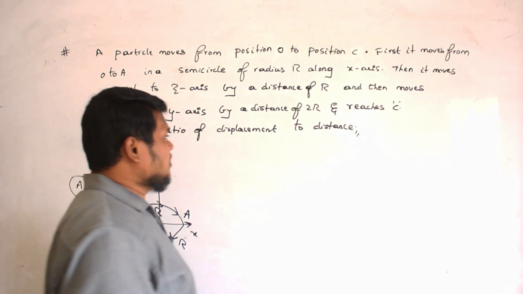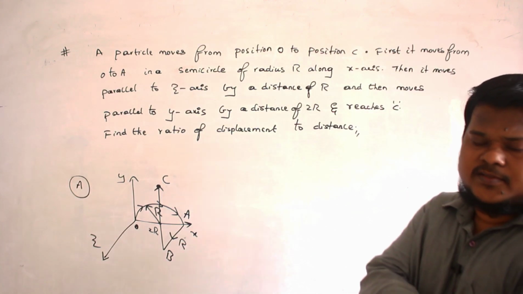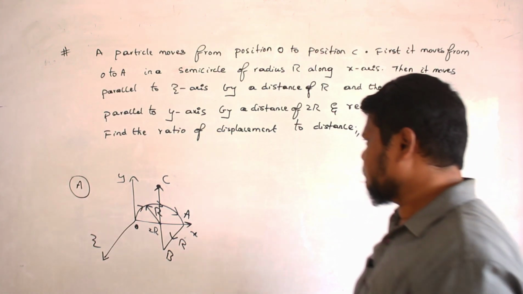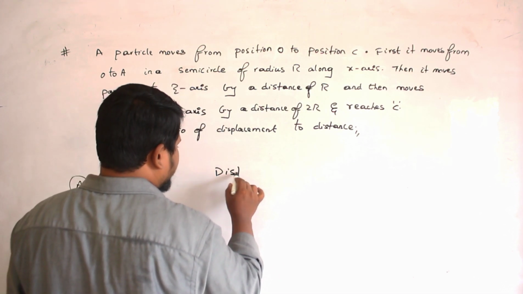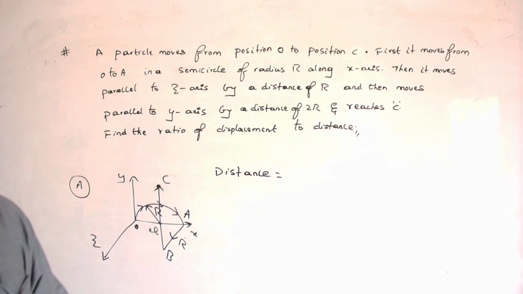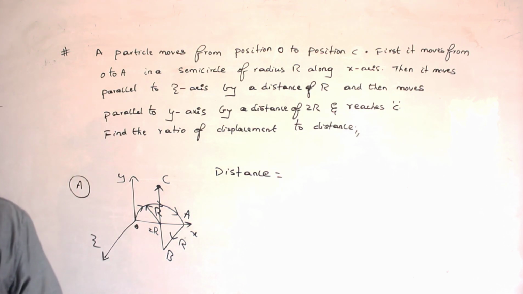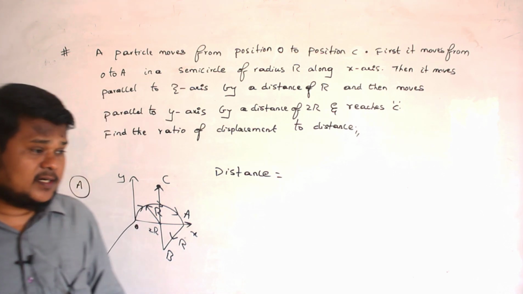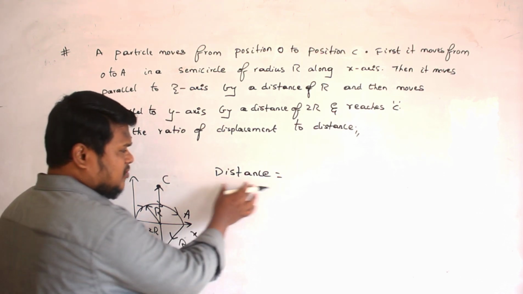Clear? Now what he is asking is, in this condition, what is the ratio of displacement to distance? How can I do this calculation? First of all, can you say what is the distance traveled? Distance will be how much? What is the definition of distance? Distance is nothing but total length traveled.